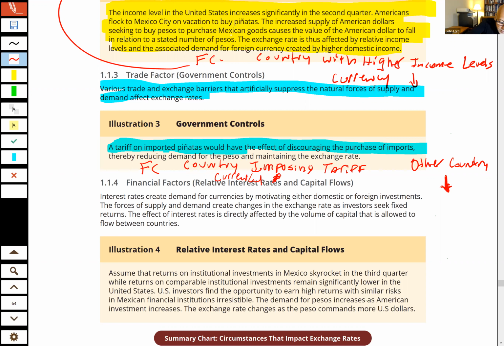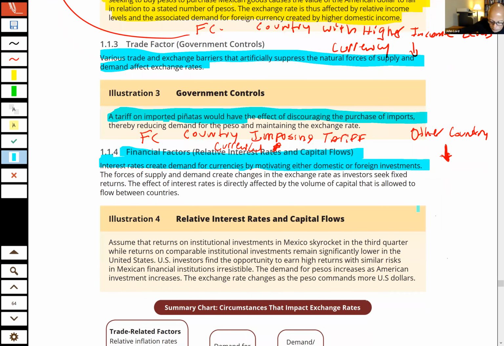Let's take a look at interest rate factors. Interest rate demand for currency motivates either domestic or foreign investments. And this one, I'm just going to go straight to the flashcard, guys. I don't think we need to look at this example. In fact, this illustration is not very helpful. But if you have higher interest rates in another country, you may want to get their currency so you can invest and get higher returns on your savings.